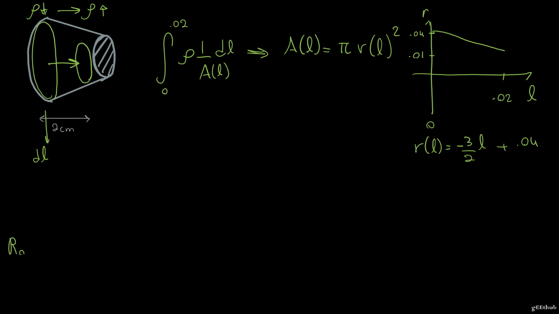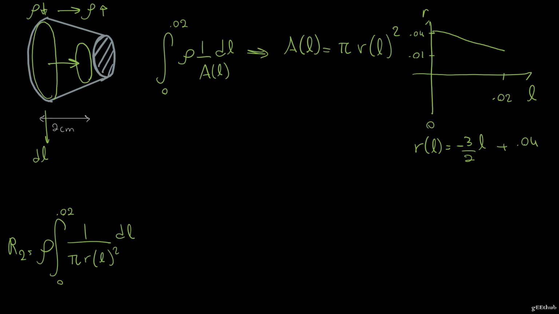So then R2 is rho, which I'm going to take out since it's constant, times the integral from 0 to 0.02 of 1 over pi R(L) squared dl. So what is this integral? I need to get an identity for this integral.